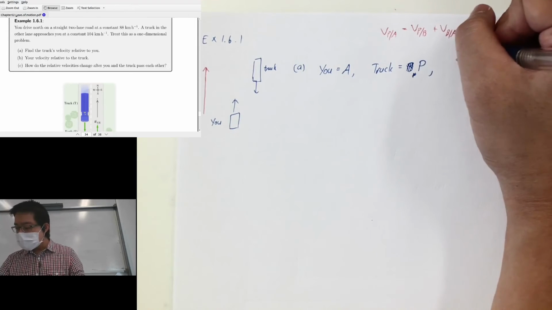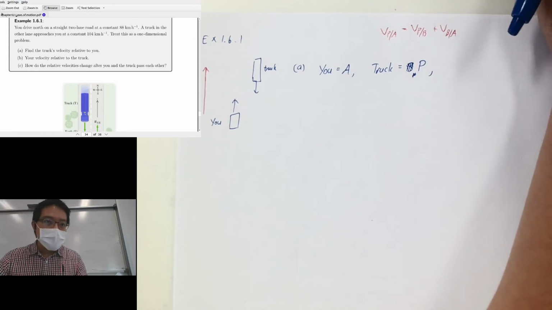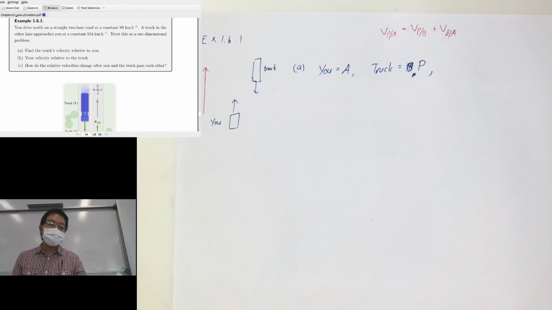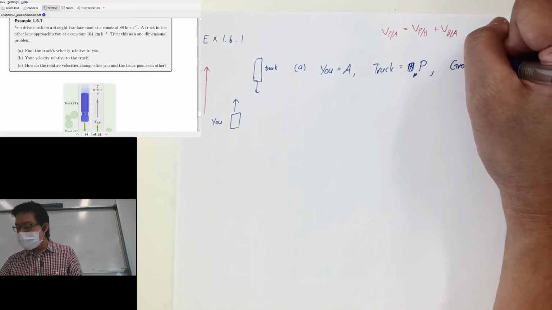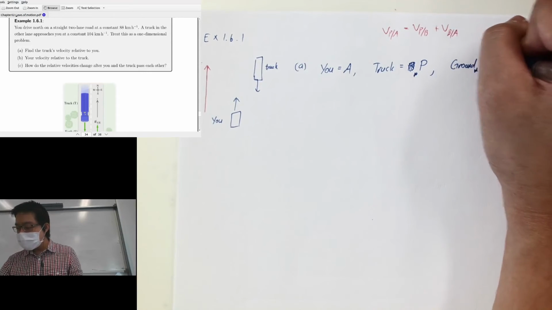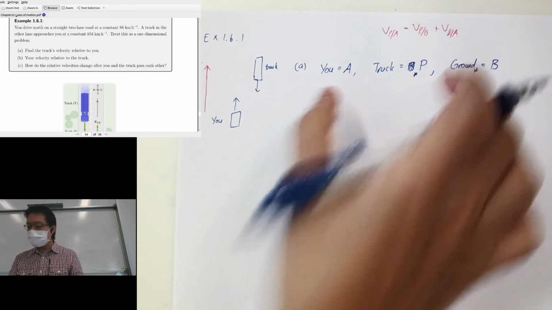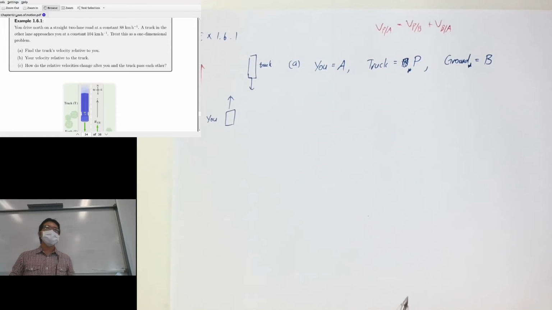Then when we say that the car is 88 kilometers per hour, as I mentioned at the beginning, this is the velocity relative to the ground. So the ground is another thing here, and we shall take this to be my B coordinate system.